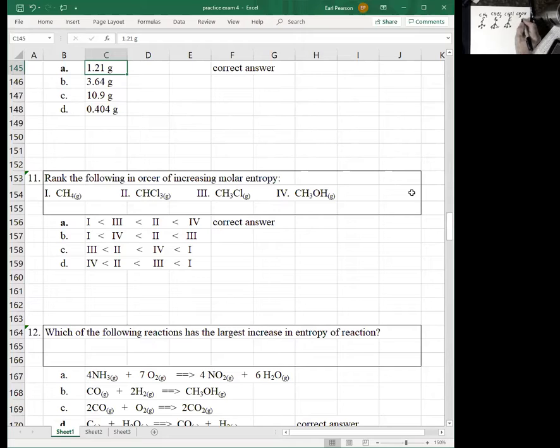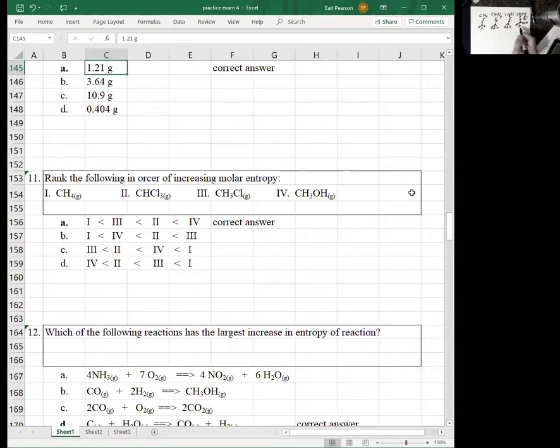Then we've got CH3OH, which is based on that structure but a little different. A carbon with 3 hydrogens, and then 3, 4, 5, 6, so this has 6 atoms in it.